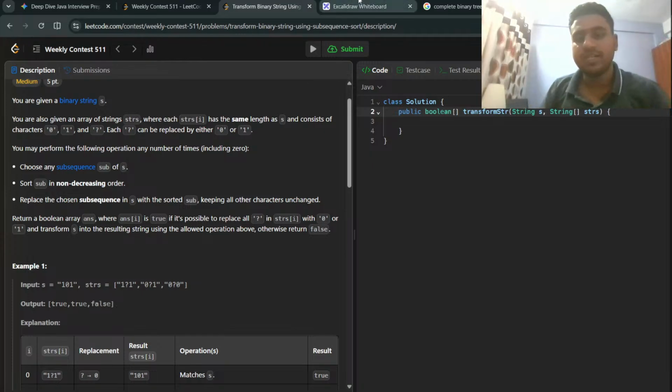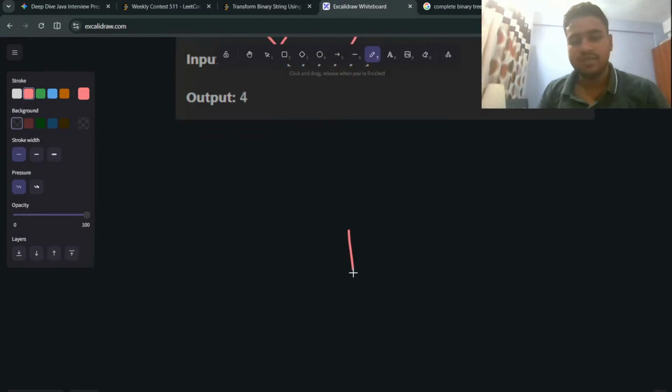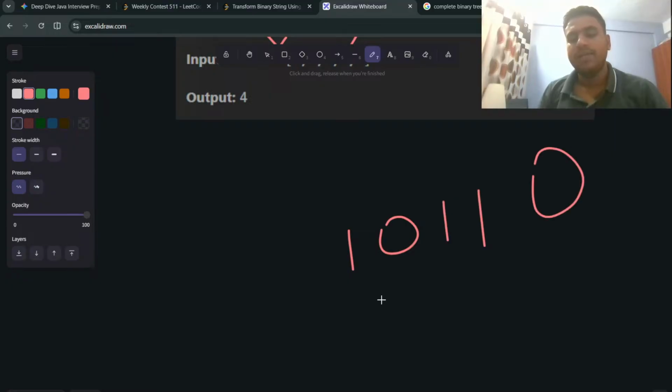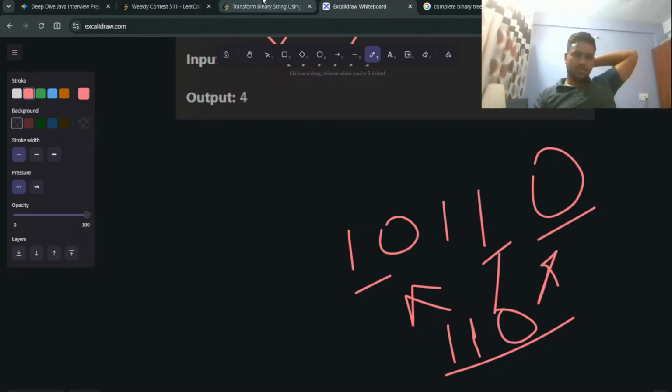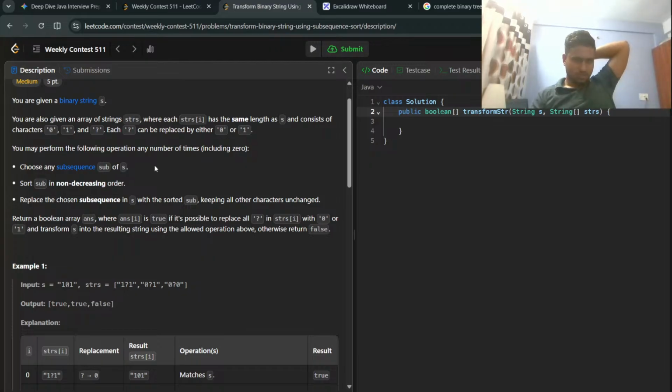So basically, the question is saying that we have a string S, 1 0 1 1 0, and we have to choose a subsequence. This is the subsequence 1 1 0, and we have to sort it and replace this with the sorted one, keeping all other characters unchanged. Right, got it.